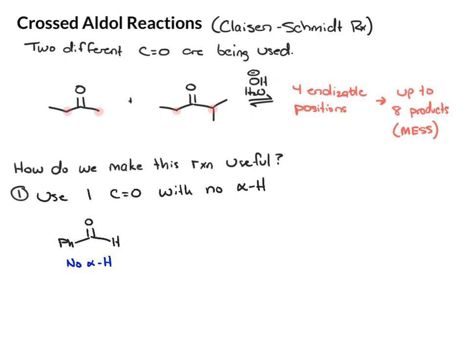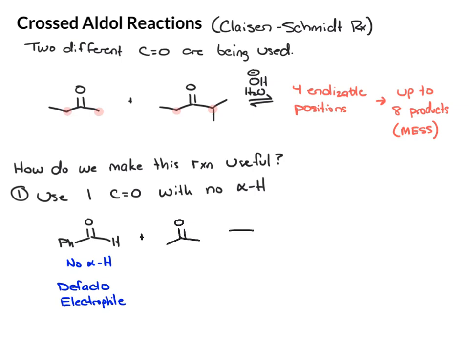It can't act as a nucleophile. And maybe we'll react this with acetone, which is also a good choice because it's a symmetric carbonyl compound, meaning it only has one type of enolizable position.